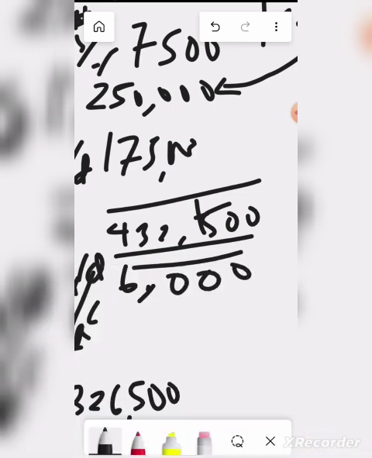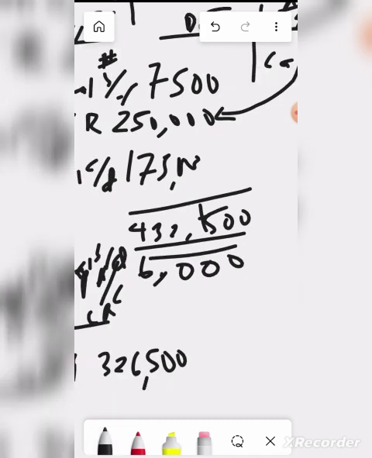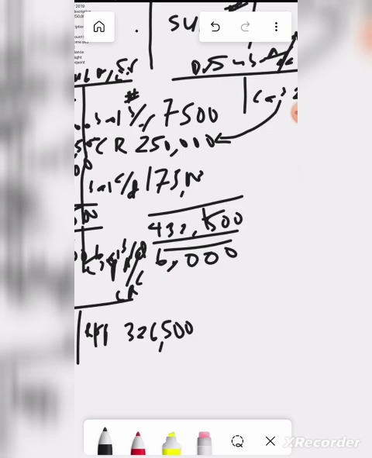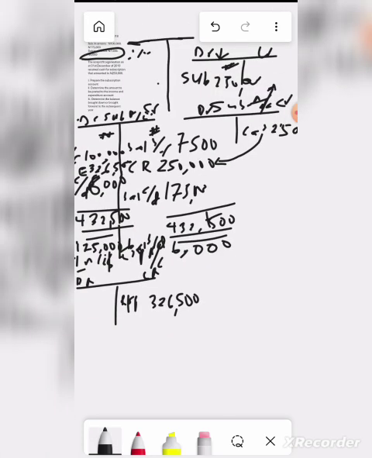And 6,000. So what we're saying is that the balance carried down on the debit side will be the balance brought down, brought forward, which will be posted to the next year on the credit side. And the balance carried down on the credit side will now become the balance brought down or brought forward on the debit side. Now this is how we're going to prepare your account. This is just simply how you can prepare the account.